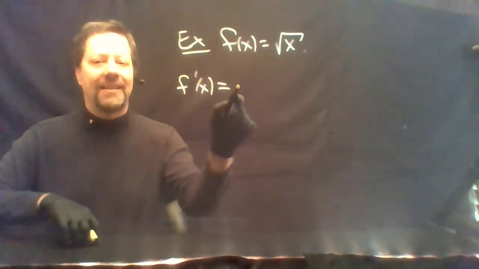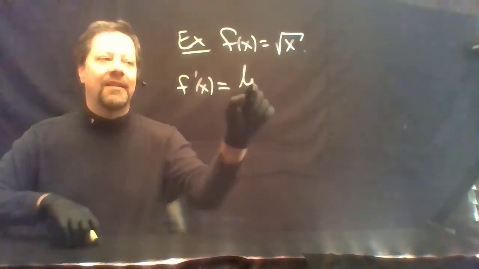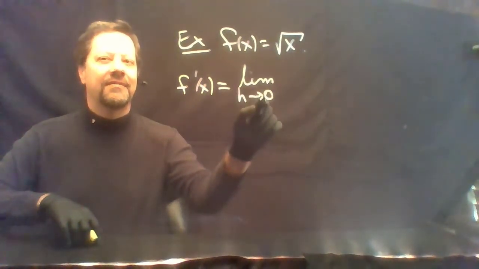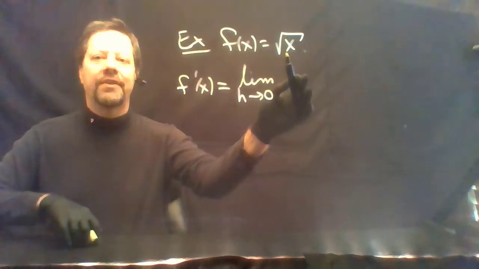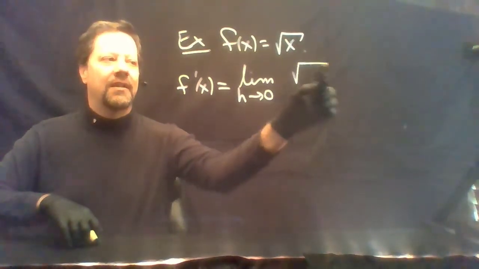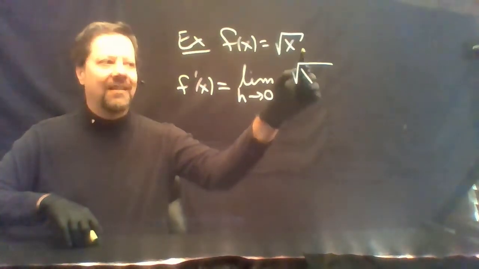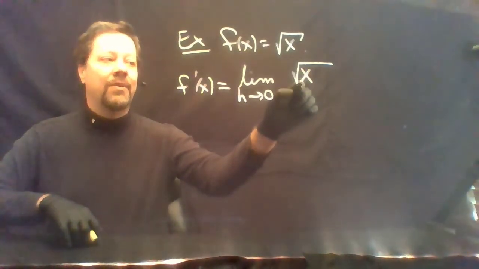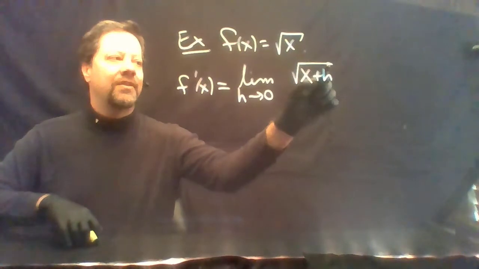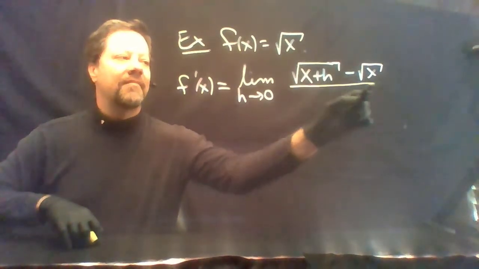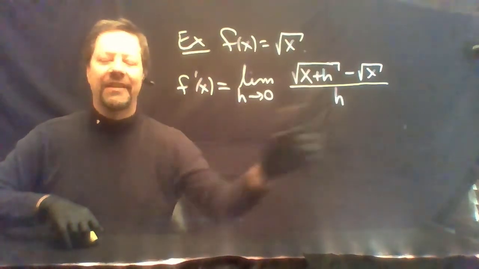F prime of x is the limit as h goes to 0. We have to evaluate the function at x plus h. That's going to be the square root of x plus h minus the square root of x all over h.